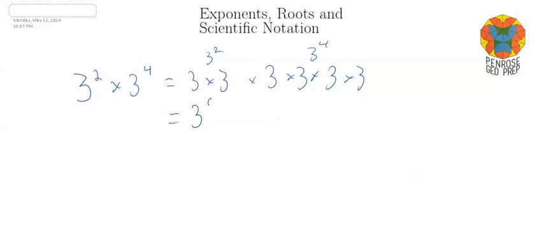So we can rewrite this as 3 to the 6th. Again, on the left side of the equation, this is the same thing as adding the exponents. 3 to the 2 plus 4 equals 3 to the 6th. This rule is helpful for understanding most other properties of exponents, so please make sure you understand how it works before continuing with this video.